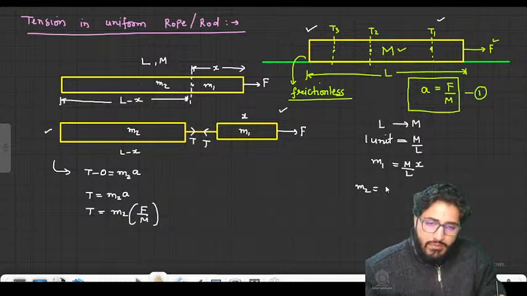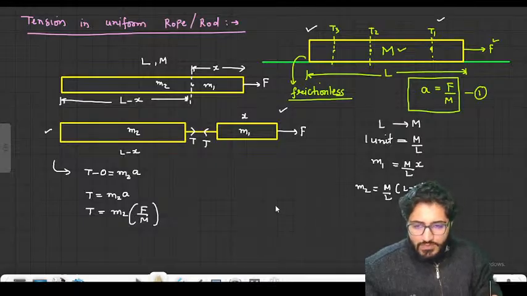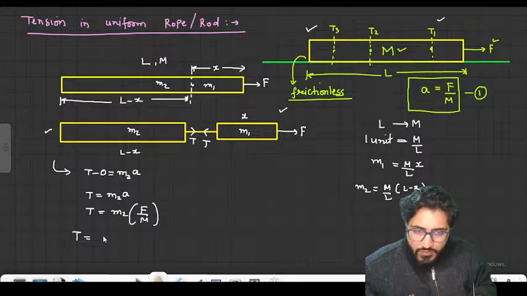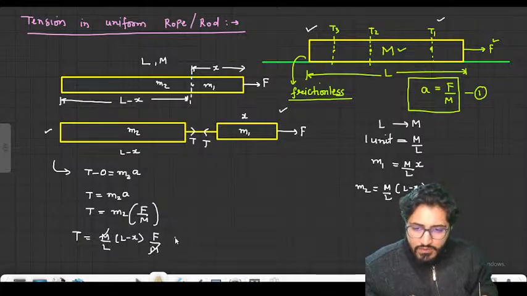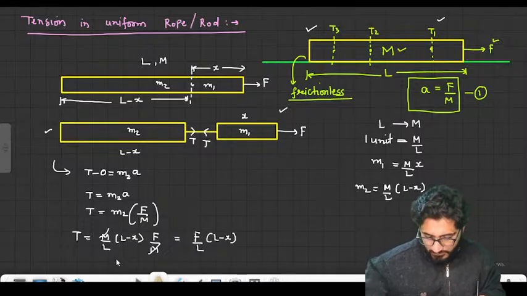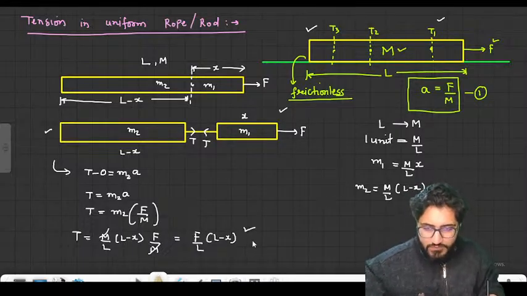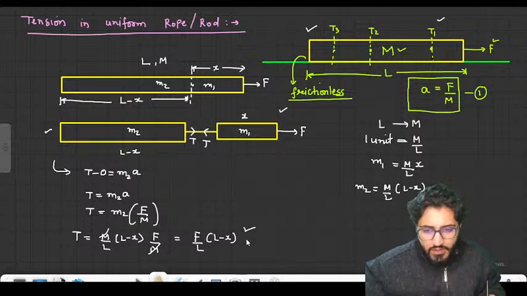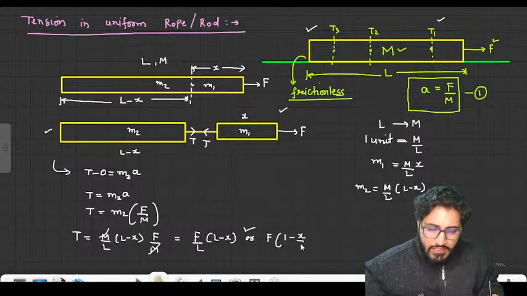Mass 2 will be M by L into L minus x. So I can write T equals M by L, L minus x, into F by M. M cancels out. It came out to be F by L, L minus x. This is my answer. Clear? Or you can write F into 1 minus x by L.